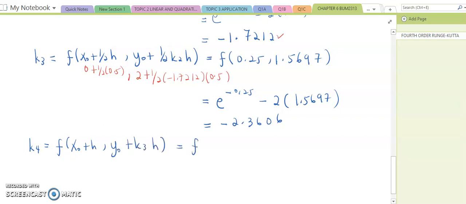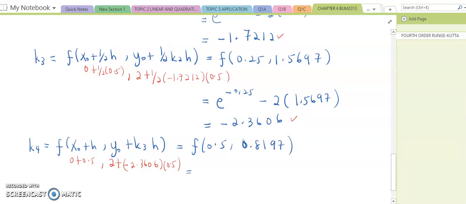So it is f of 0 plus 0.5, so f of 0.5, and y0 is 2 plus k3, where k3 is negative 2.3606, times h, also 0.5, and the y value is 0.8197.